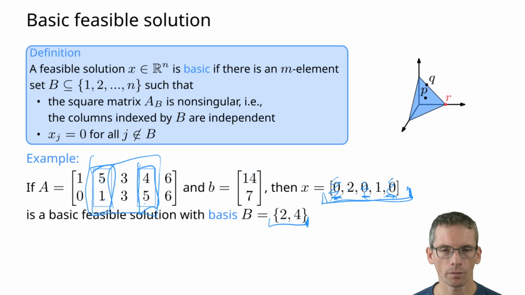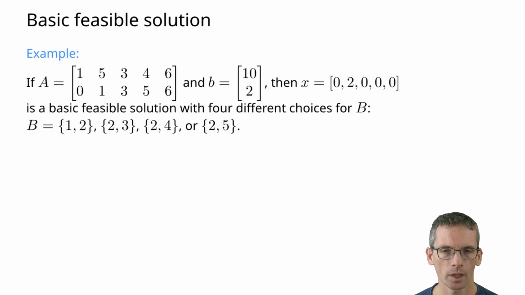So let's look at a few more examples. Let's say this is A, this is B. Then we should know that, first of all, x is a feasible solution. You can easily check this. A times x is simply (10, 2), which is exactly b. So it is a feasible solution.